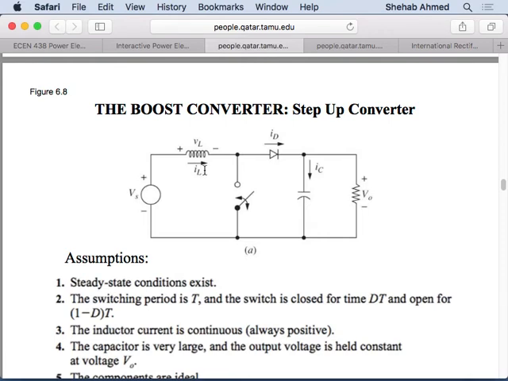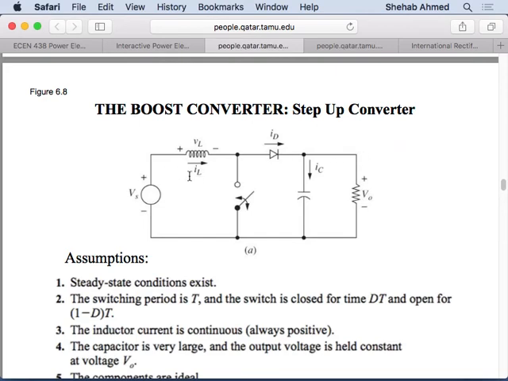That's where the boosting feature comes from. You've created an additional source that you've put into the circuit, which you charged by closing the switch. And now when you open the switch, this source becomes an additional source into your input, right? Both of them are now your input to the circuit.